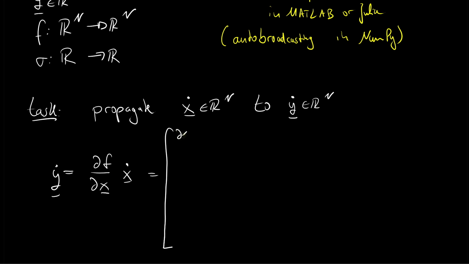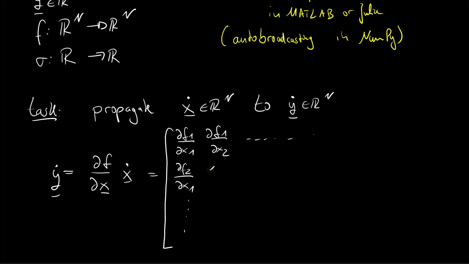So we have the derivative of f1 with respect to x1. Then we have the derivative of f2 with respect to x1, all the way down to the derivative of fn with respect to x1. Then row-wise, we can go and say this is f1 with respect to x2, and so on and so forth.